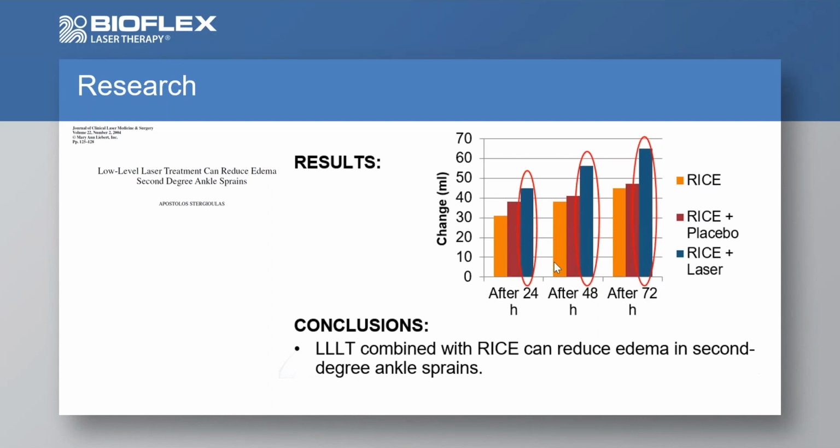Obviously, the greater the volume of change, the less swelling was occurring. So there is significantly less edema, especially after 48 and 72 hours, compared to a control or control plus placebo. So obviously they concluded that laser therapy combined with the RICE can reduce edema much sooner than standard treatment alone.